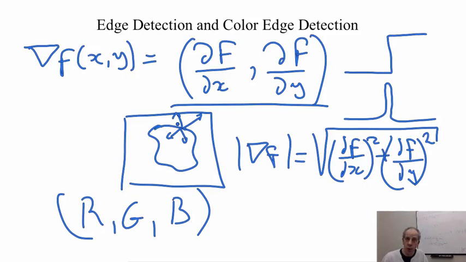It's not very hard to compute, but we're going to skip that for now. But you're also going to get a direction, and there's going to be a closed formula like we have here that tells you in which direction you have the maximal change in the vector in the whole colors. You're going to have once again a direction and once again a maximal value that basically is an extension of the concept of gradient for vector images like RGB images.